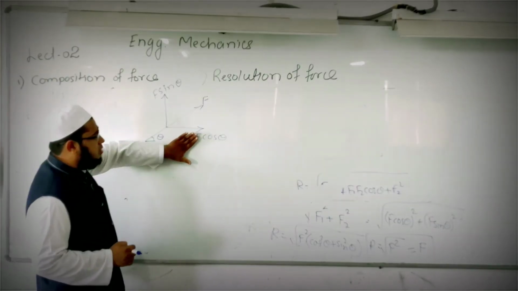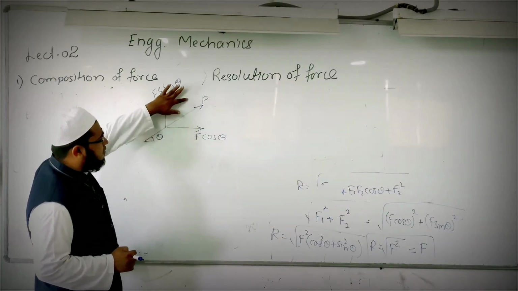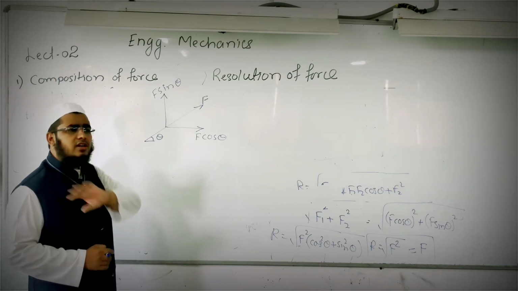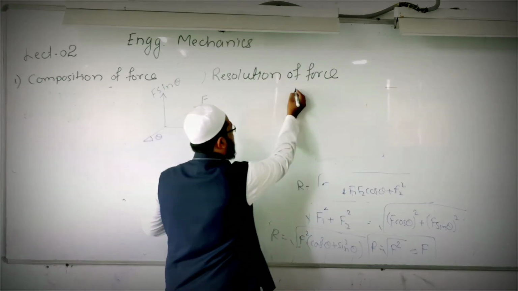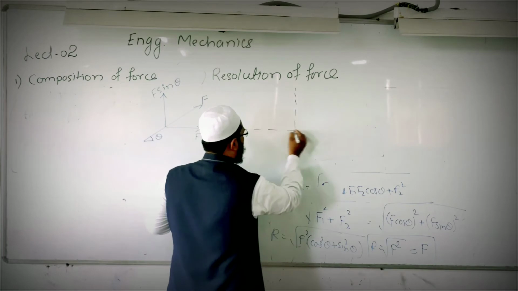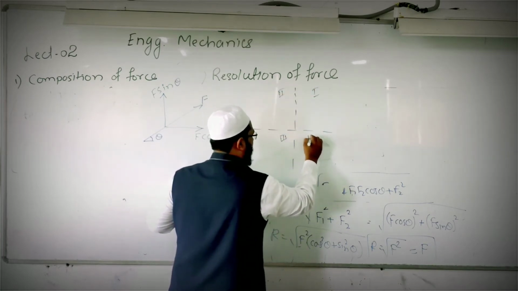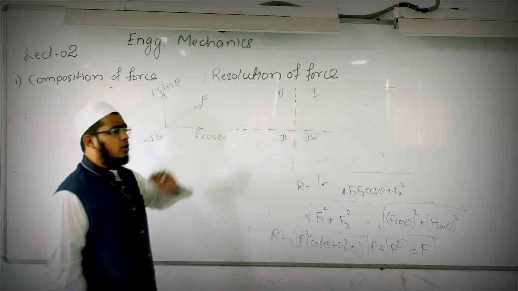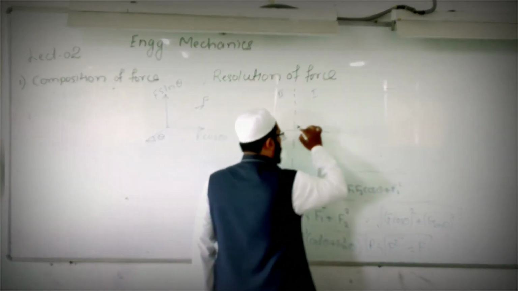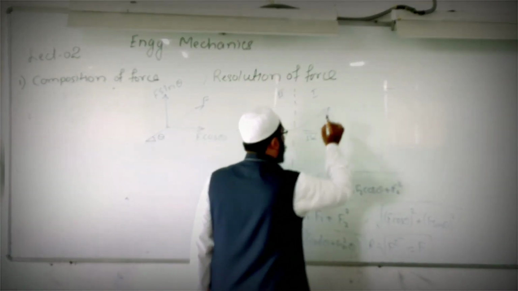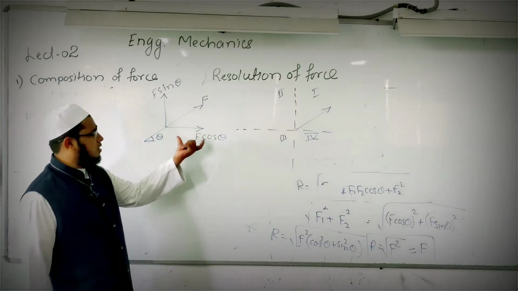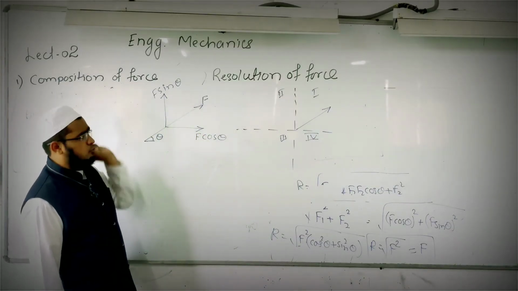It is rightward because the force F is in the first quadrant. We know the quadrants of the forces: first, second, and so on. If the force is lying in the first quadrant, the component will be rightward and upward.